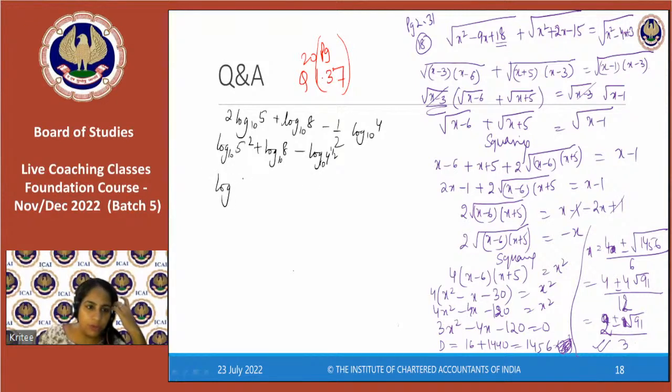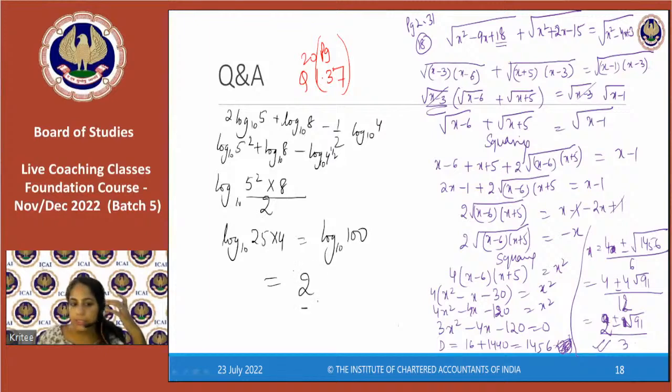Solve these. Log m plus log n is log mn, minus is divide. That's 8, so that is 5 5s are 25 into 4, that is log 100 to the base 10. And your answer is 2 here. Answer is option number C.